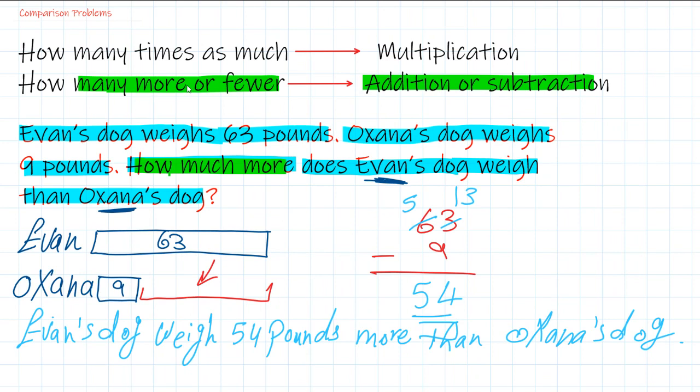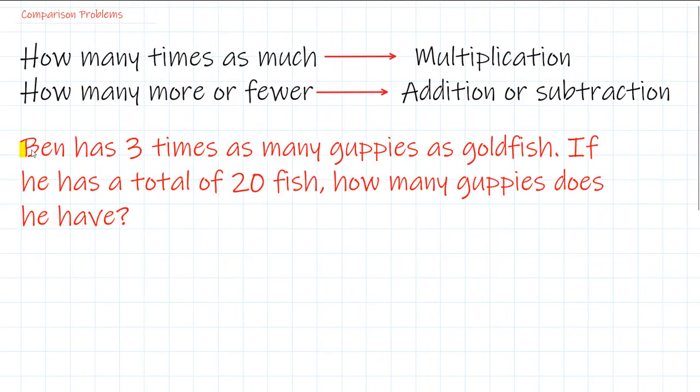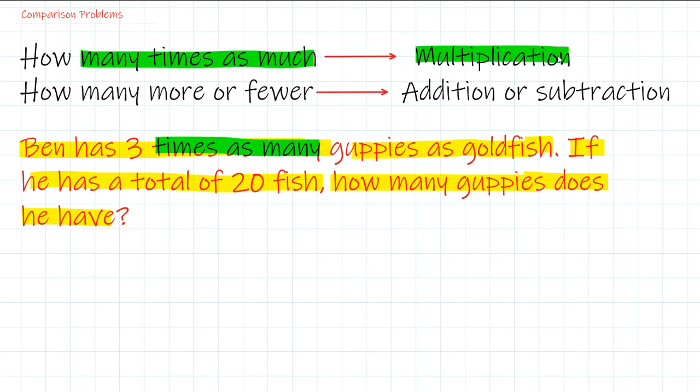Okay, let's move to the next example. Let's read it. Ben has 3 times as many guppies as goldfish. If he has a total of 20 fish, how many guppies does he have? Here we have times as many, so we're going to model it as multiplication. 3 times as many guppies as goldfish, so the small number is goldfish, right?